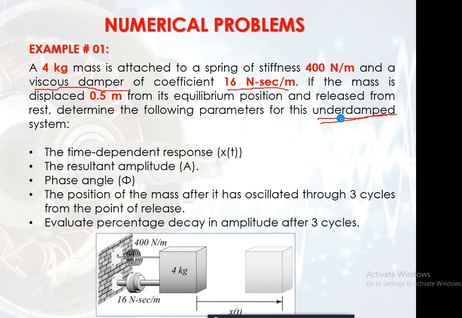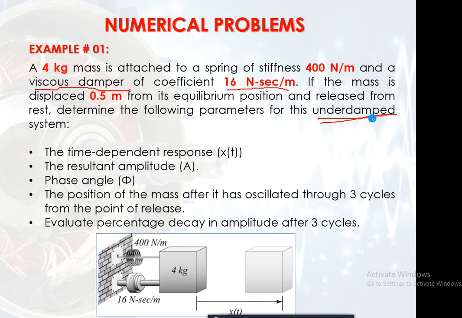If this parameter was not given, for example, if we do not have information that the system is underdamped, overdamped or critically damped, then first of all we need to find out the value of zeta. If zeta is less than 1 we consider the system underdamped, greater than 1 overdamped, and equal to 1 critically damped. But in this case we have been told that zeta is less than 1, that means the system is underdamped.